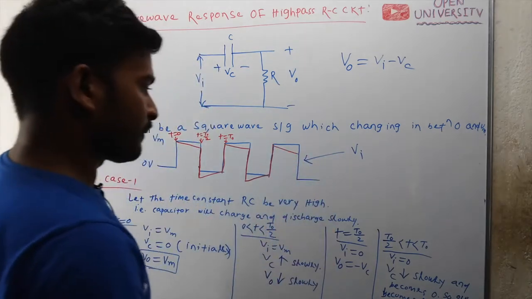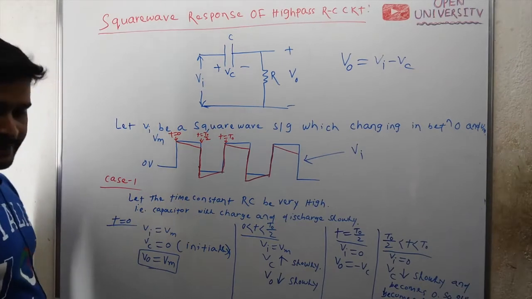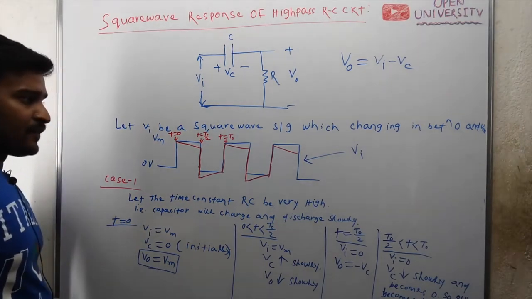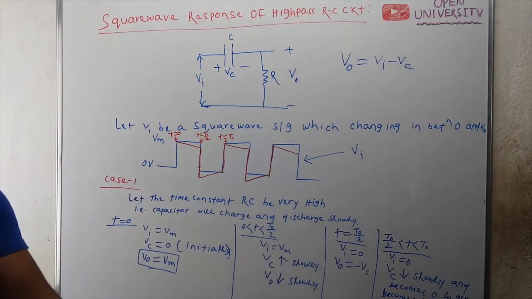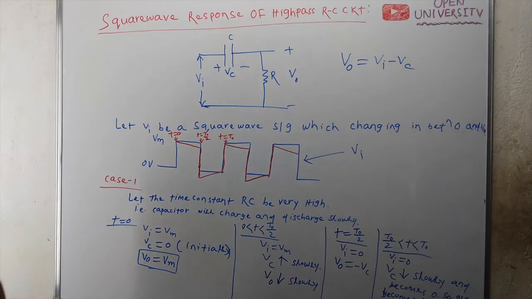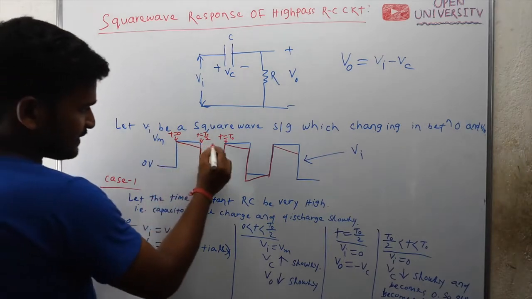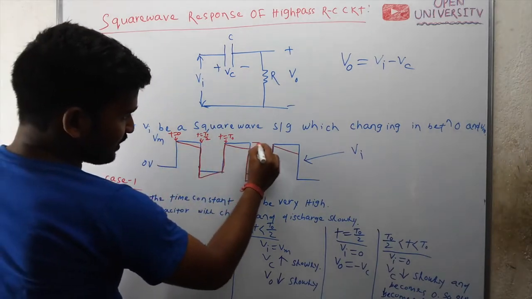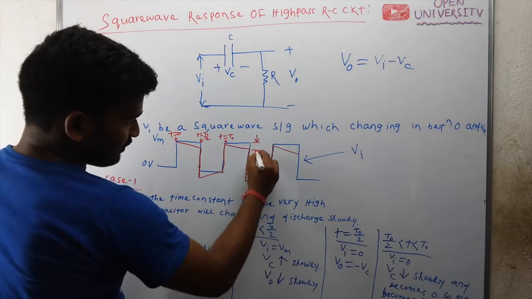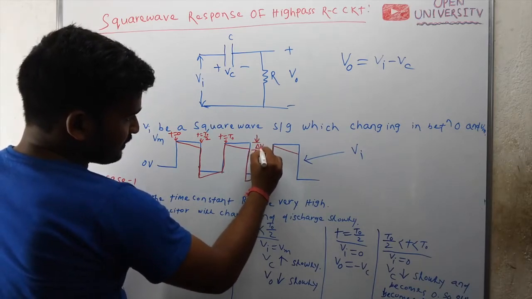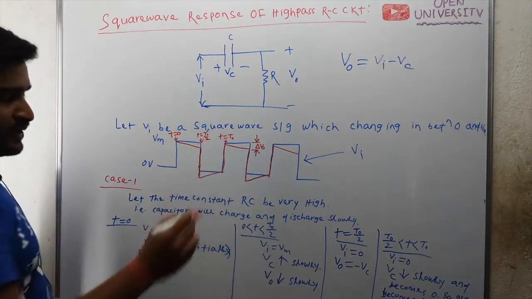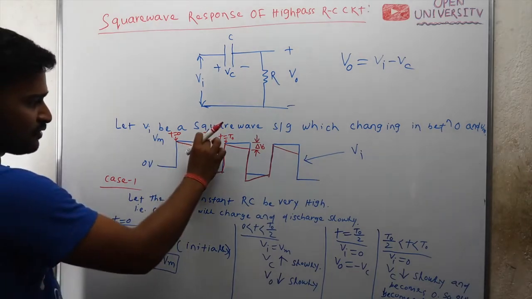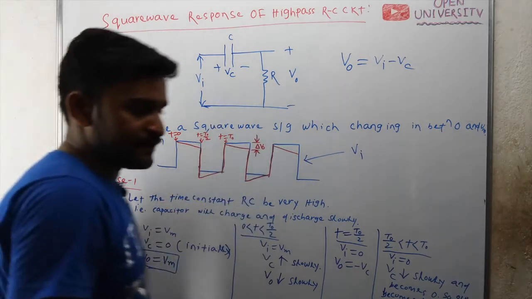This will be your output waveform when time constant is very high. This change in the output voltage at t equal to t naught by 2, at this point, is called delta V naught.